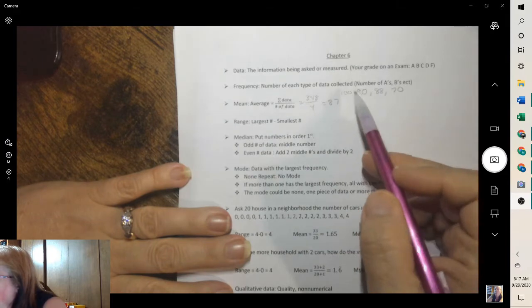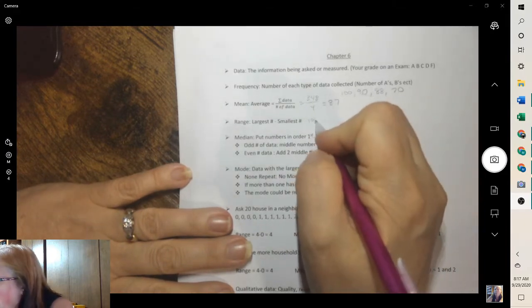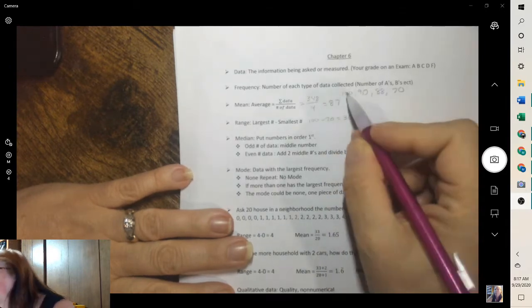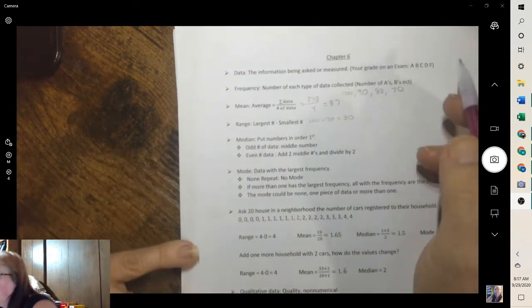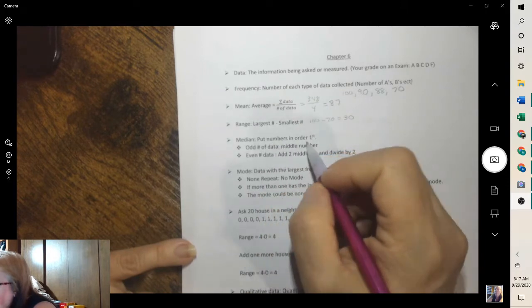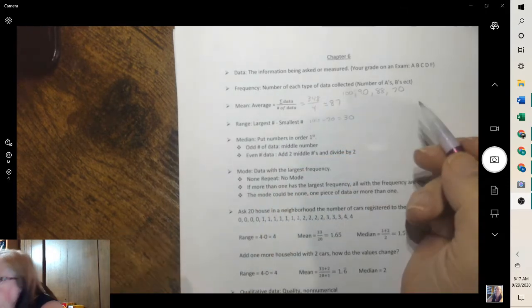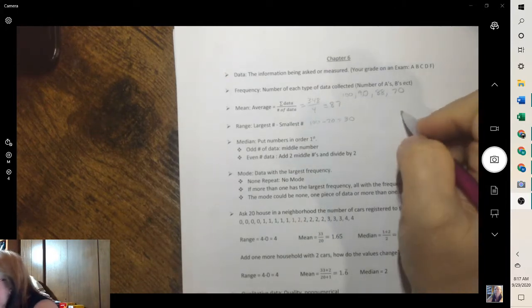Range is largest minus smallest. So with the sample, 100 minus 70 would be 30. So the scores ranged by 30 points. Median, you put the numbers in order, in increasing order, and you take the middle value.